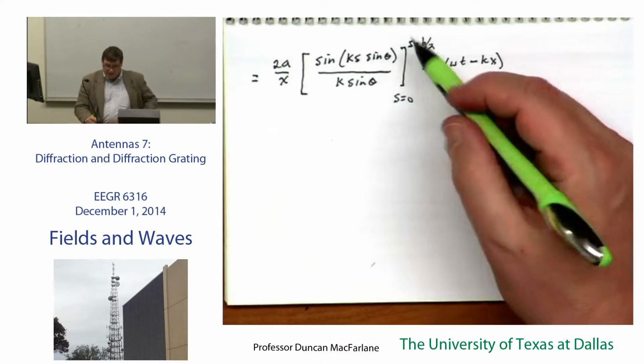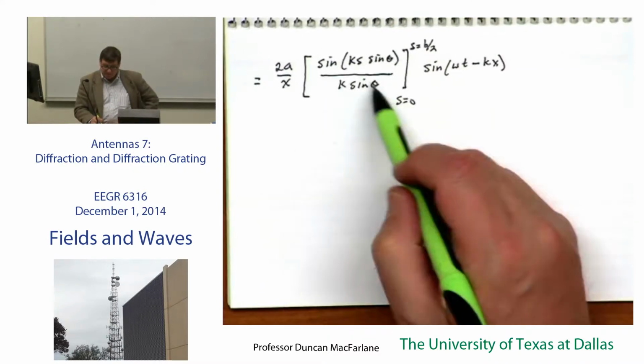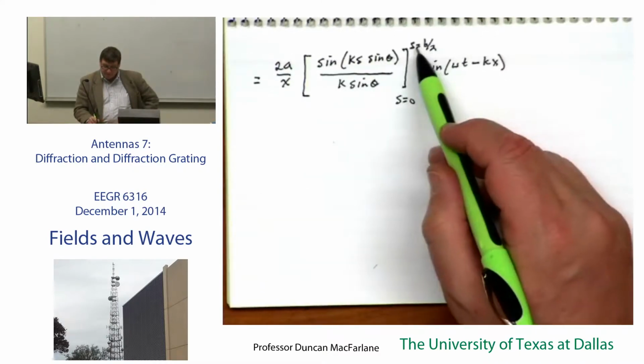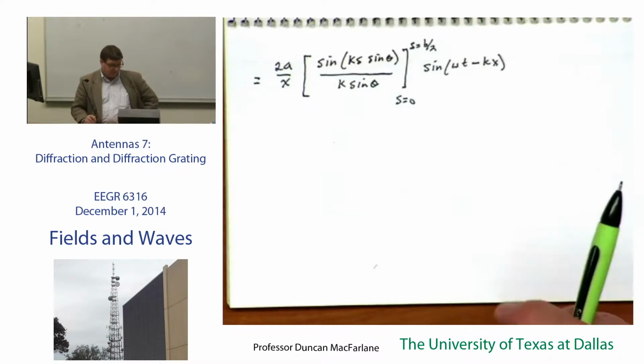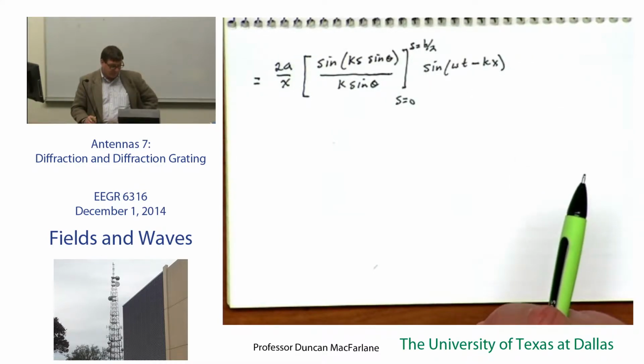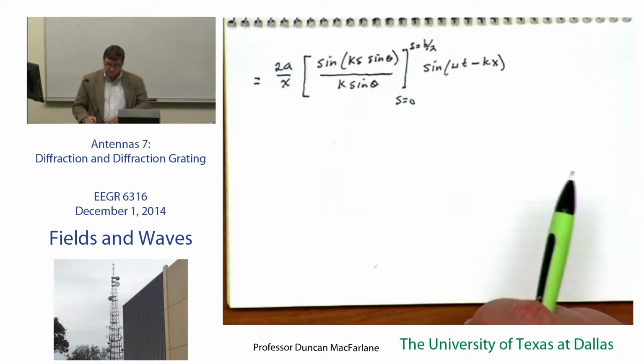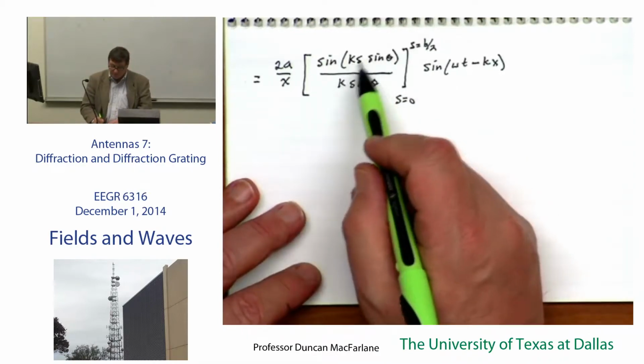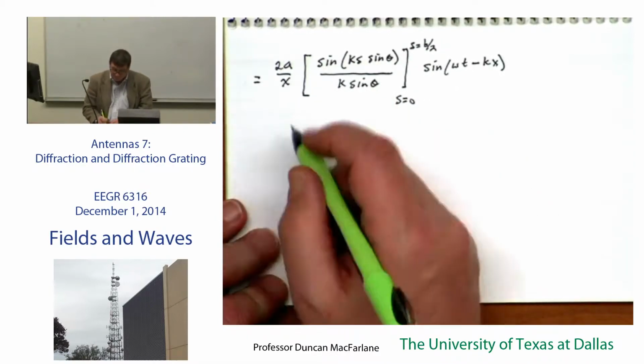So notice that I have this factor here, and I'm evaluated between s equals 0 and b over 2. S equals 0 goes away. Sine of 0 is 0.